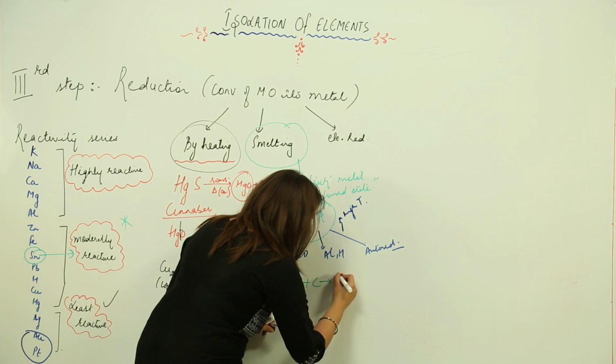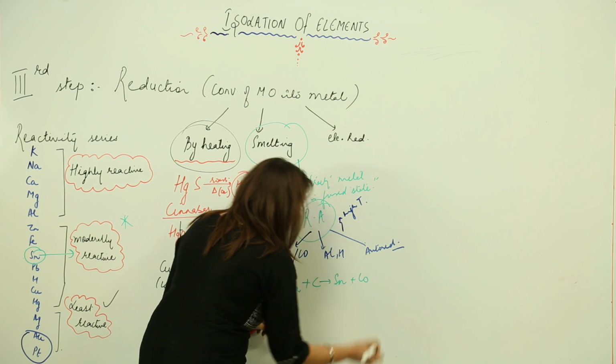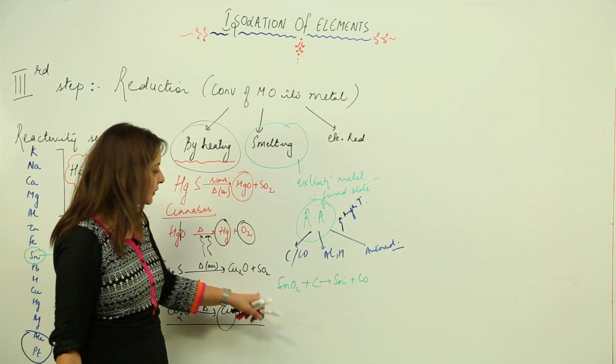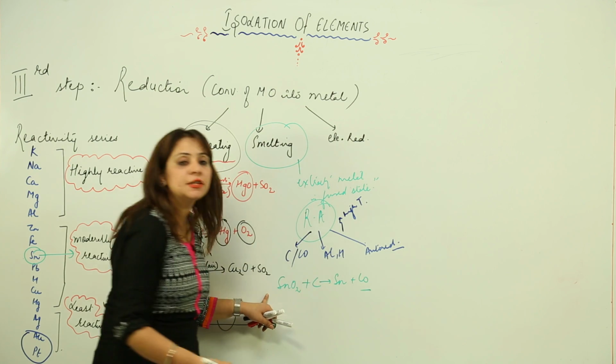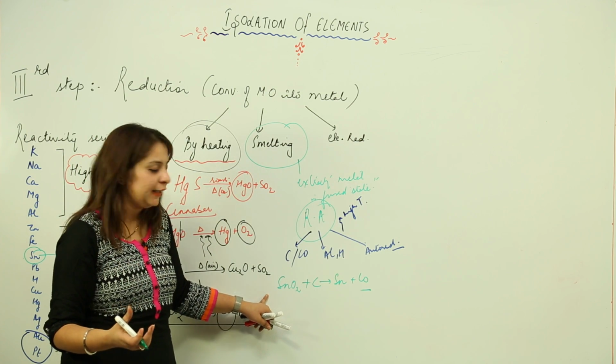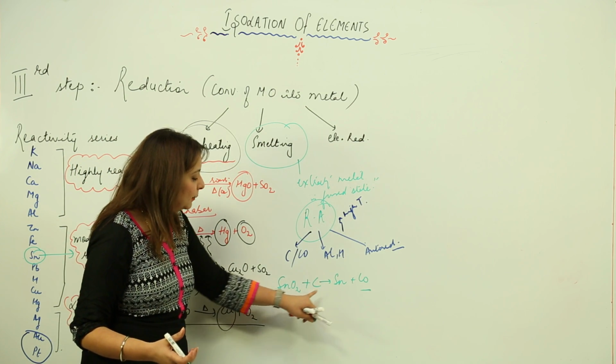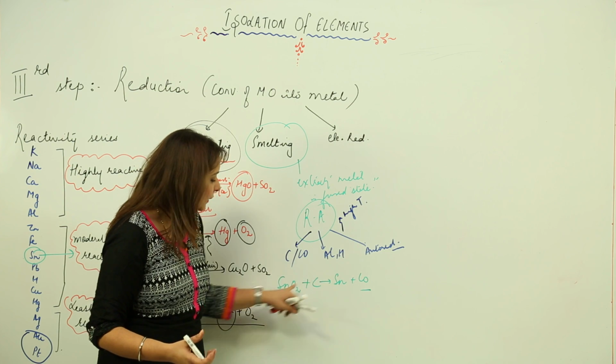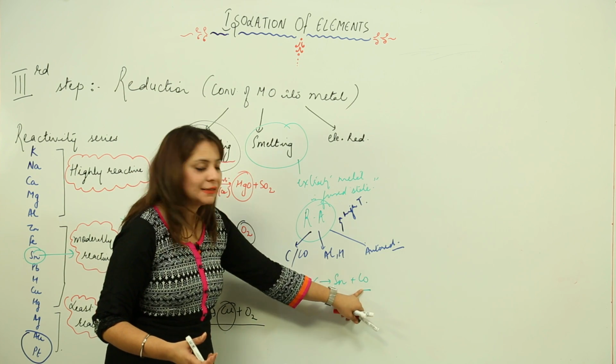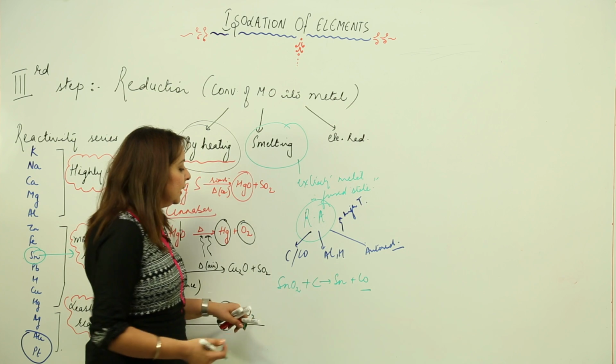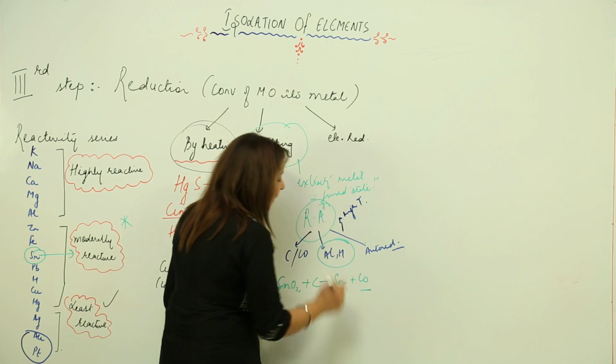So what do you get? Tin gets separated out and we get carbon monoxide, right. It can be a dioxide also, depending upon the oxygen content, right. So tin oxide combines with carbon, gets reduced to tin, and this is carbon monoxide.